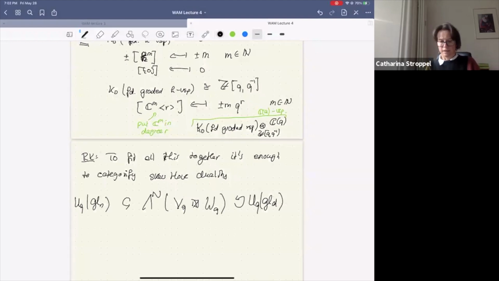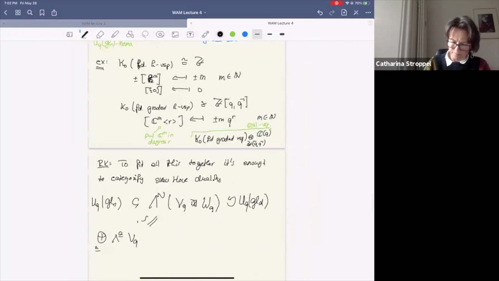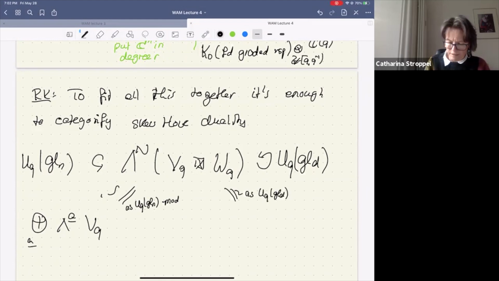We had that this decomposes as a module from the left into a direct sum of these wedges. So this is as a U_q(gl_N) module. And for the right thing, as a U_q(gl_D) module, it decomposes into another wedge.